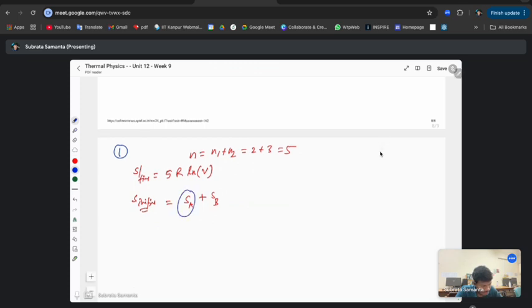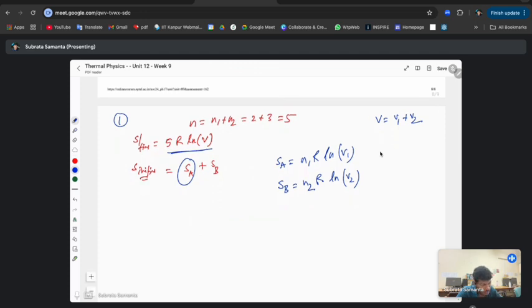SA is basically N1 times R ln V1, and SB is N2 times R ln V2. The total volume is V1 plus V2, and your S final is for this total volume V.